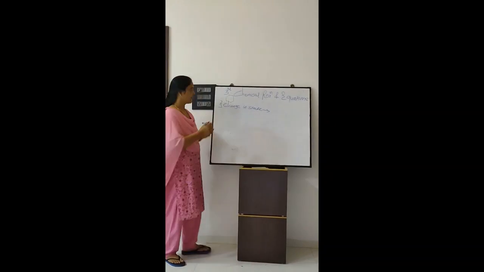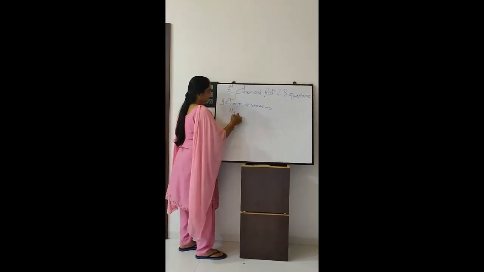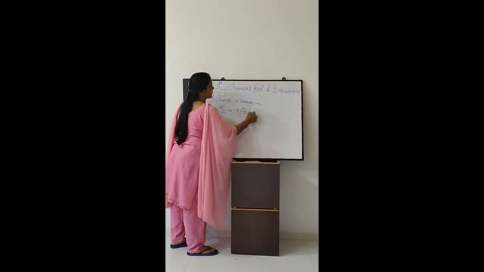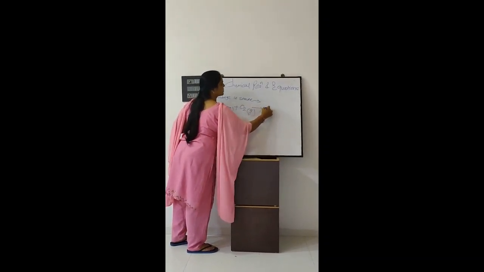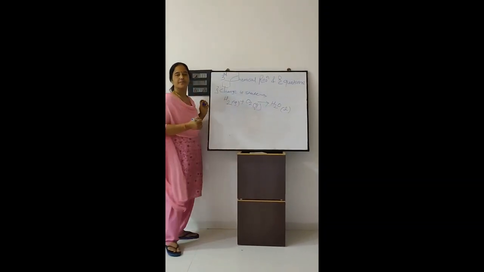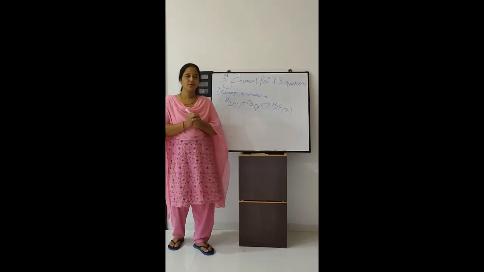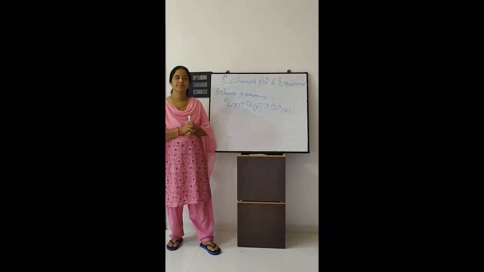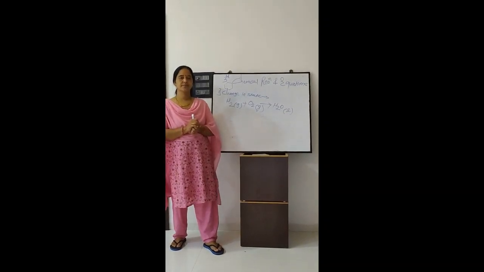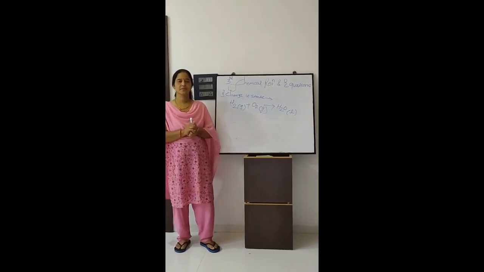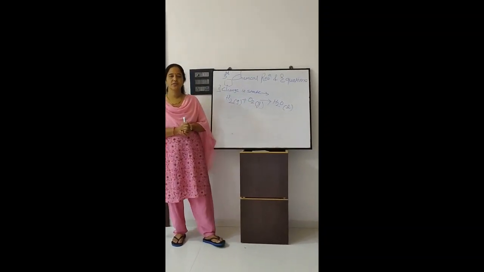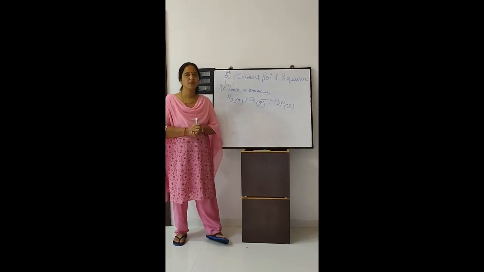For example, hydrogen gas and oxygen gas give H2O liquid. If you take a container and put hydrogen gas and oxygen gas, after some time it will be water, and in such a way a change in state will occur.